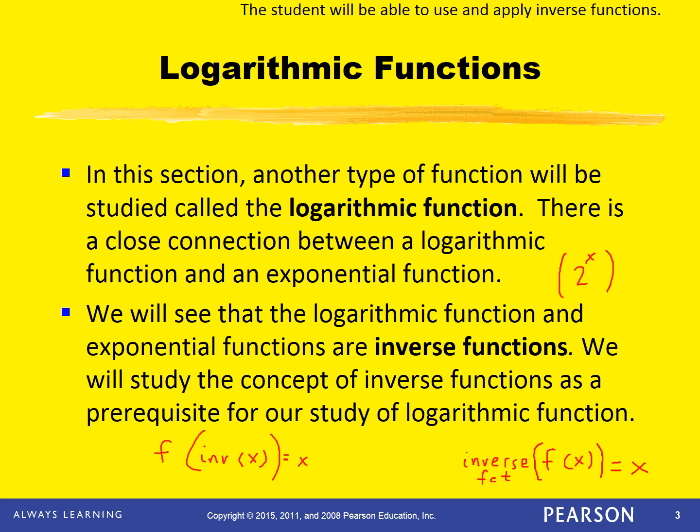Well, that's going to have an output, and we're going to take that output, whatever it is. If x is 1, then the output's 2. If x is 2, then the output's 4. If x is 3, the output is 8. Whatever it is, we're going to run it through another function, which is the inverse of the exponential function.